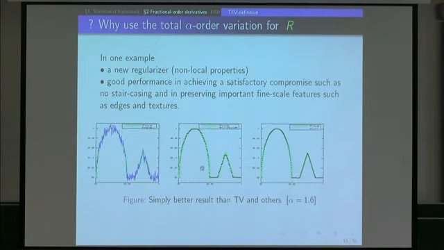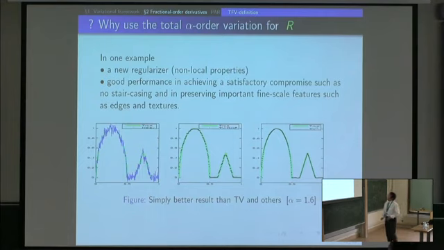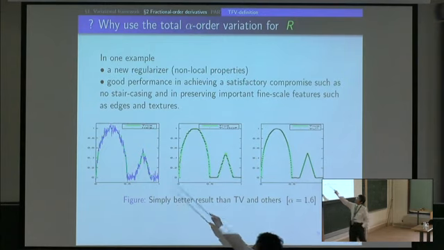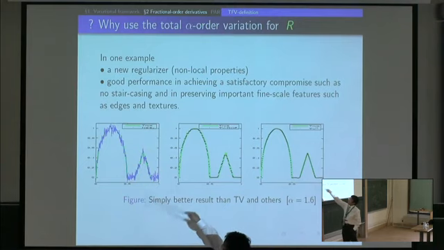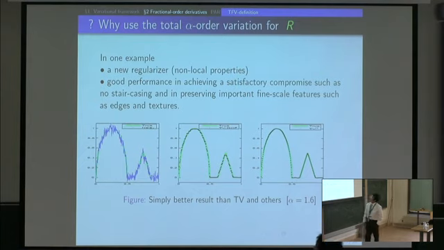I want to move on to how to compute, how to use these. First of all, I give you a glimpse of why these are good. Here I'm showing a noisy 1D signal, and the true signal is quadratic here, constant, and linear, and so on. If you use TV, we all know how to do it.